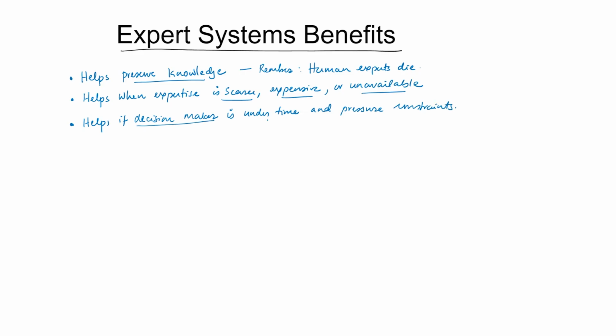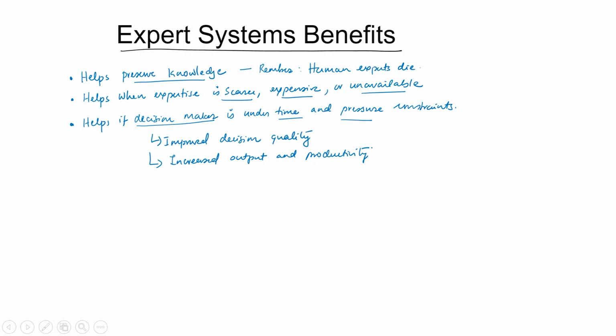So, if the decision maker is under time and pressure constraints, then the decision maker can have improved decision quality, and then increased output and productivity. Okay. So, if the decision maker is under time and pressure constraints, then you can use the expert system to improve the decision quality and increase the output and productivity.